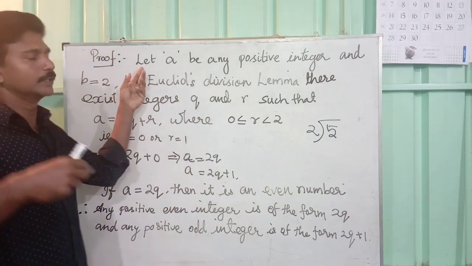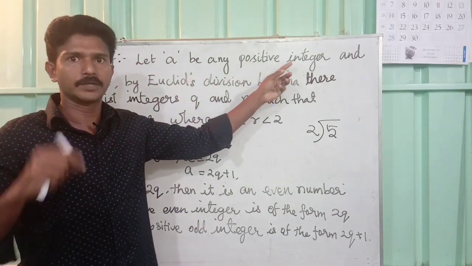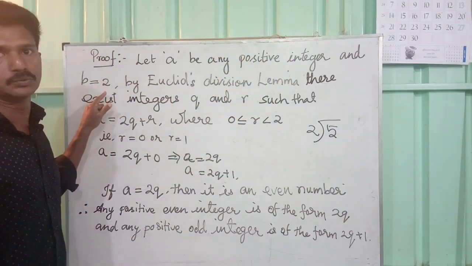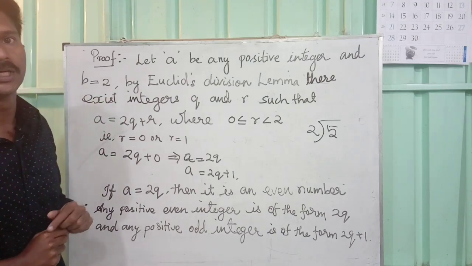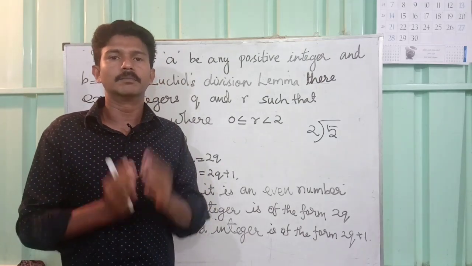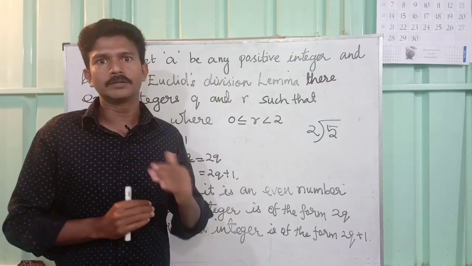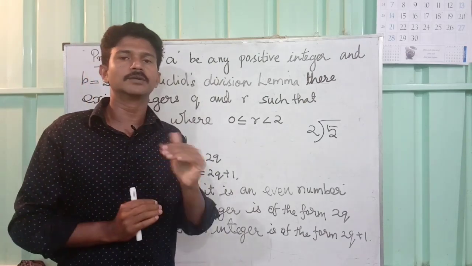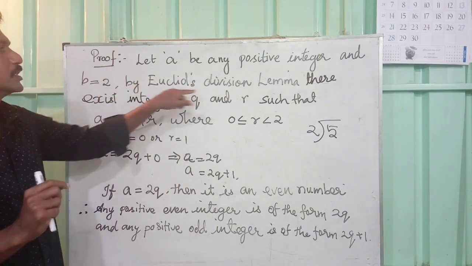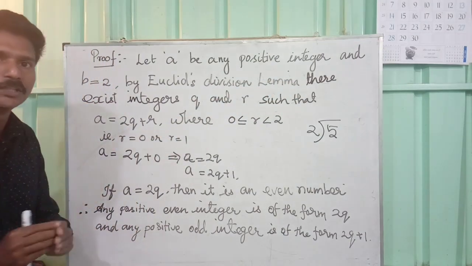First we are assuming that a is any positive integer, and we are assuming b is equal to 2. Why b is equal to 2? Because to show that a number is even or odd, we have to divide it by 2. So the division we are doing is by 2, so b is equal to 2. b is the divisor. By Euclid's division lemma, there exist q and r, right?